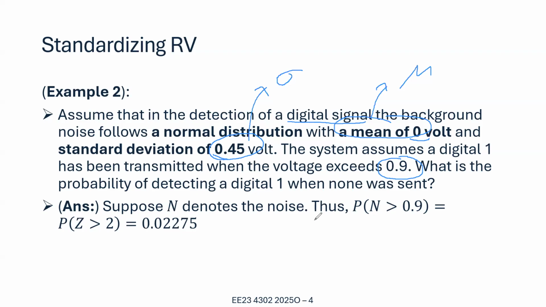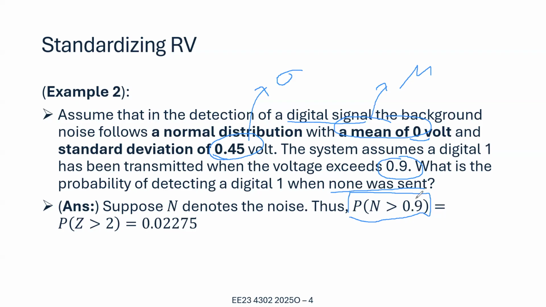So then what we are looking for is the probability that the noise here is more than 0.9, because the question asks what is the probability of detecting a digital one when there is no actual signal. In other words, there is only noise, and the noise here has to be more than 0.9, because the requirement that the system assumes a digital one is that the voltage exceeds 0.9.